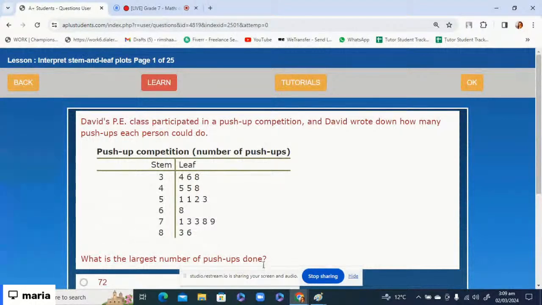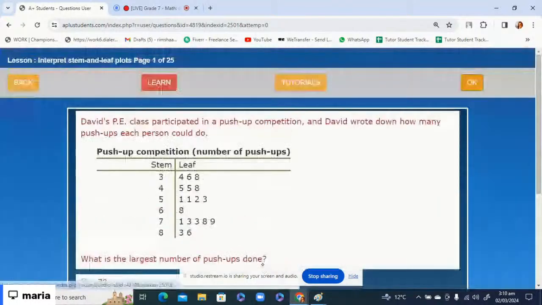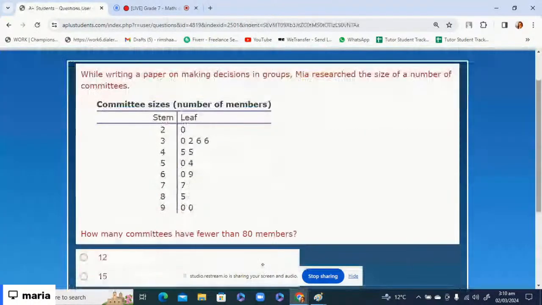For the largest number, first we see the largest stem and then we see the largest leaf of that related stem. So what is the largest stem? That would be the 8. And what is the largest leaf? That is 6, which is 86. So is there any option for 86? Yes, it's here. Let's click on that. Okay, so that is the right answer.